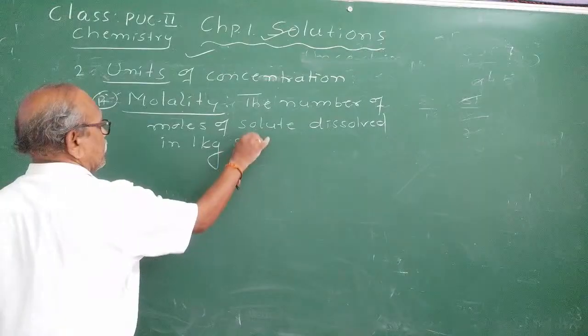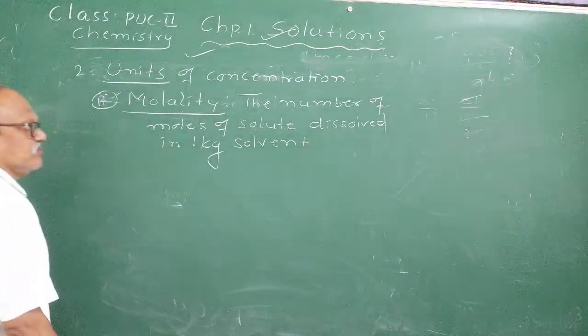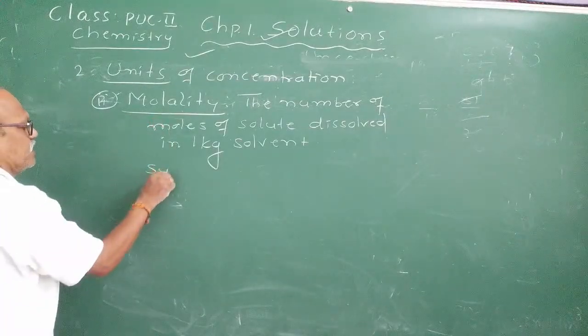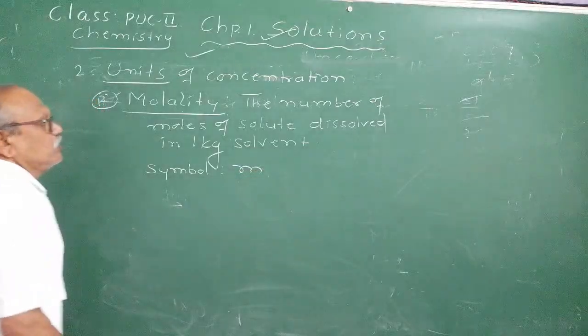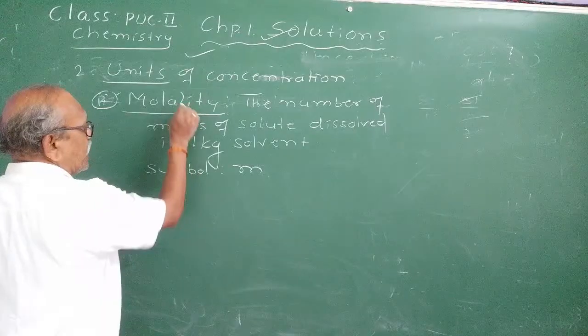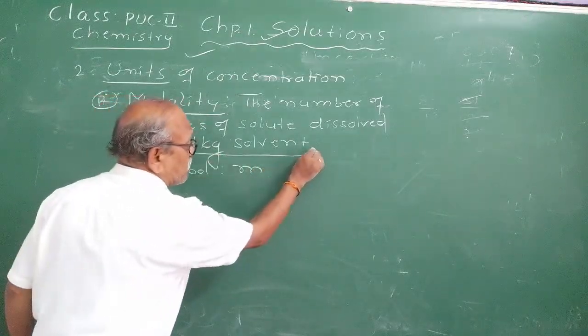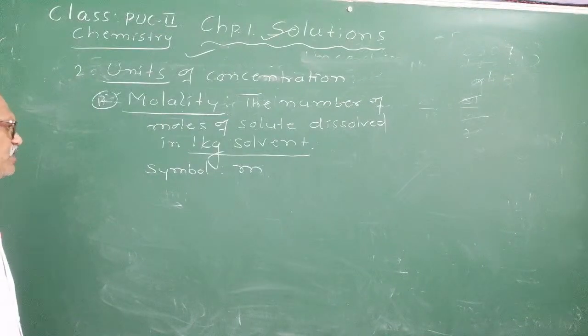The symbol used for molality is small m. Look at the difference between molarity and molality. Molality is related to the mass of the solvent. Very, very important: mass of the solvent.